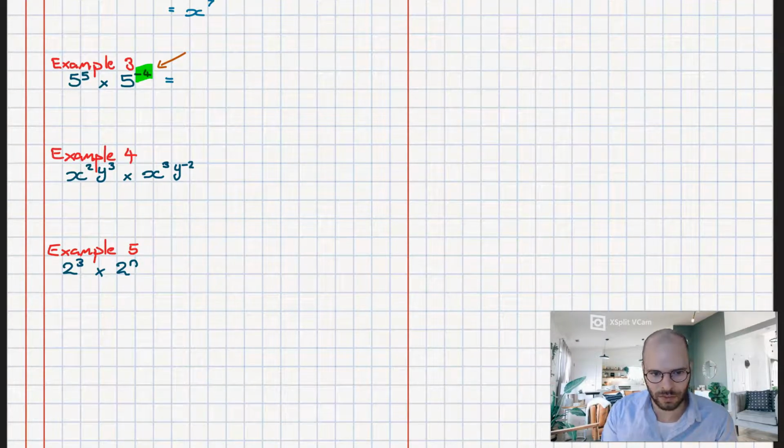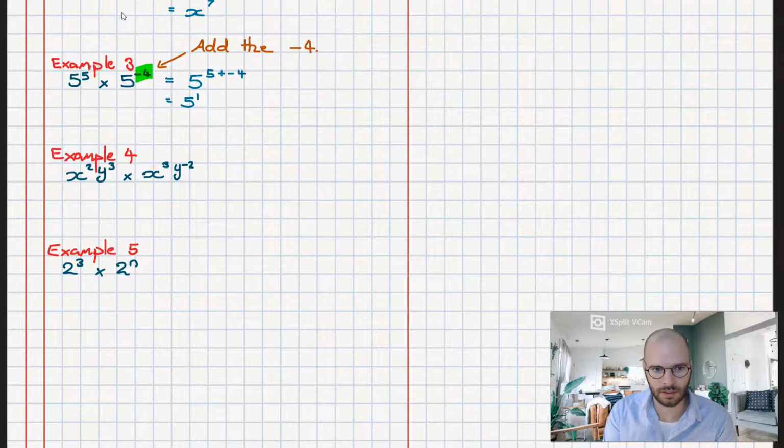So our common base is 5, and our first exponent is 5, and then we're going to add minus 4. Now this is going to be simplified down to 5 to the power of 1. Because this is to the power of 1, we can simply rewrite it as 5 because an exponent of 1 is implied.